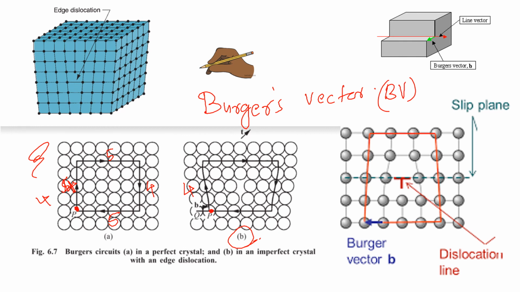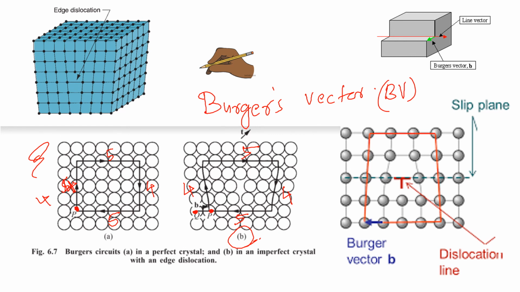Then we move 5 distances in the right direction. Then again downward 4 crystal distances. Then again 5 distances to the left, and we reached a point Q. We did not exactly reach back the point P. Instead, we reached another point Q.